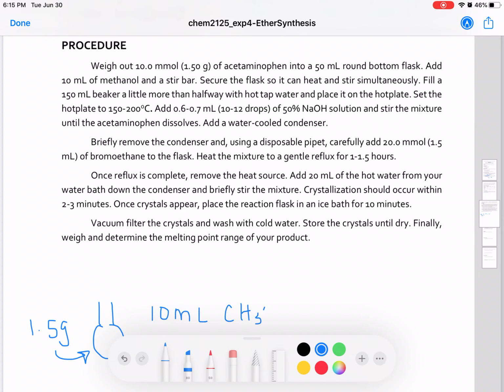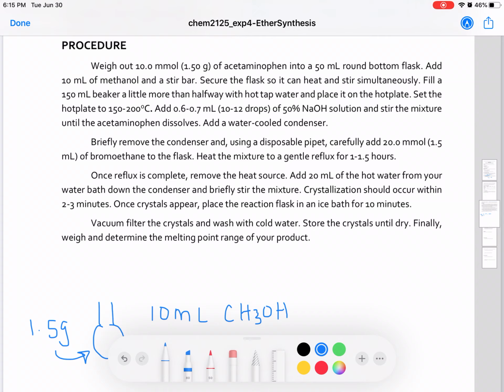Methanol is the solvent. We need a solvent that can dissolve your organic compound, acetaminophen, and that is also able to mix with an aqueous base like sodium hydroxide. Methanol is a good solvent for that.